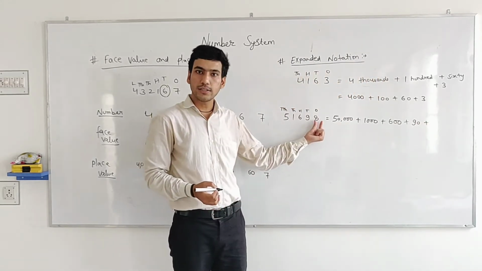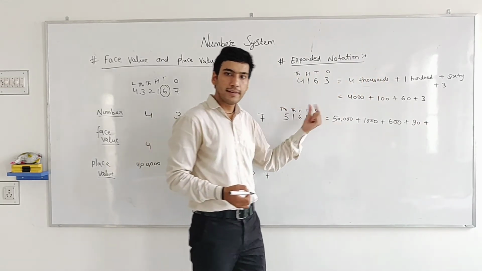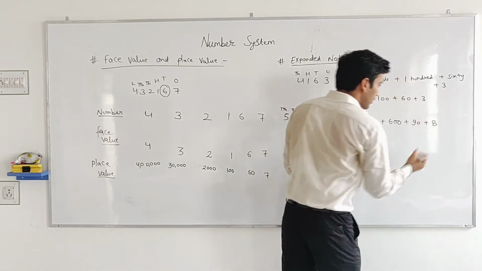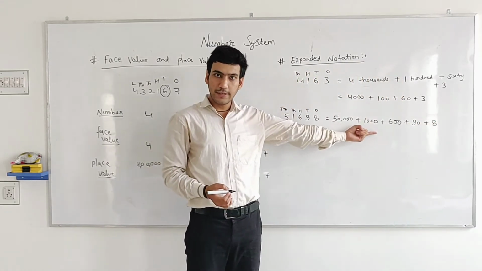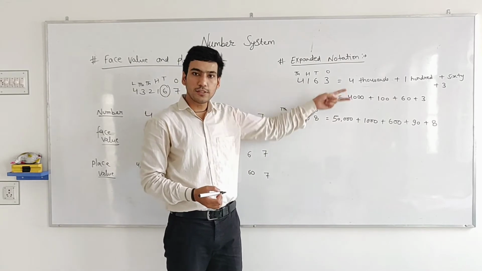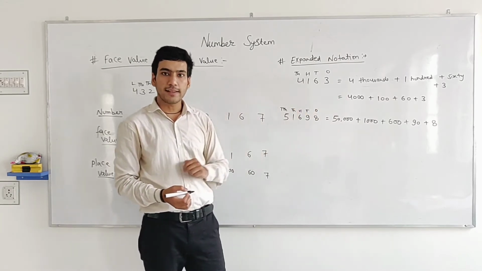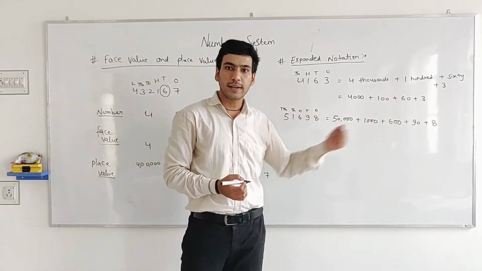And last, 8 is on the ones place, so you can write 8. So this is the expanded form of this number. In this way you can express any number in its expanded form.